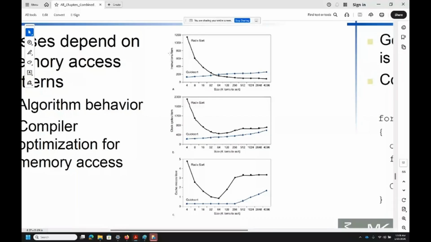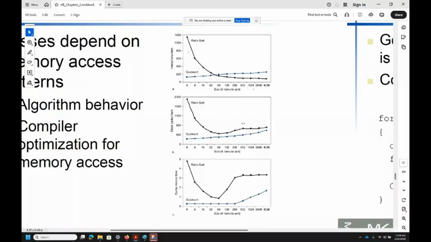The instructions per item remain largely constant. Quicksort has more stable behavior, whereas radix sort initially requires more instructions. So initially it's not so fast, but as the size increases, beyond the point where the data can fit in the cache, radix sort becomes much faster.